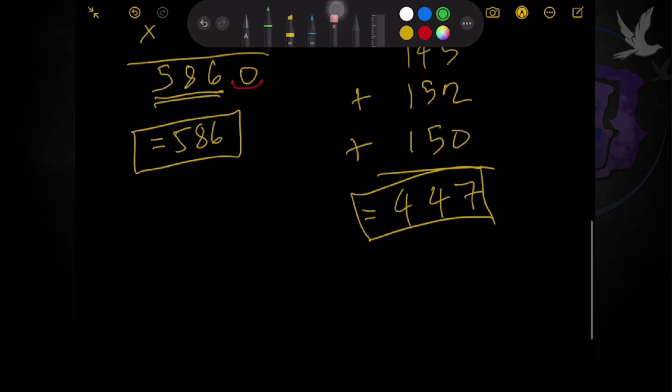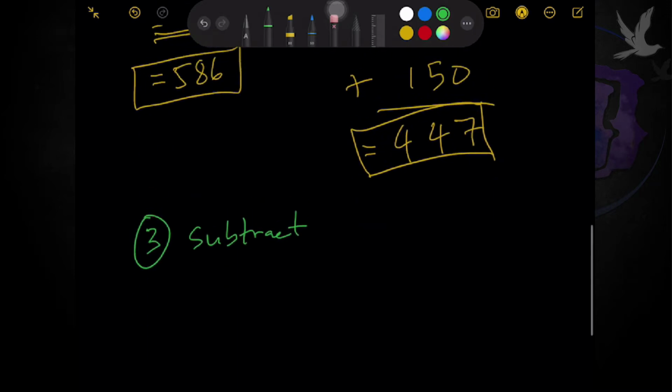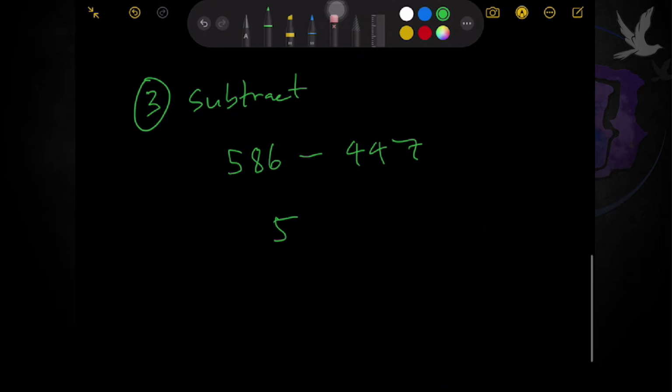Now, third step. All you need to do is just to subtract. Of course, when we subtract, normally, ang mas malaking number, which is 586 minus 447. So, 586 minus 447. Borrow tayo.